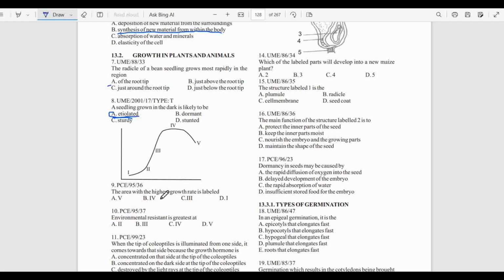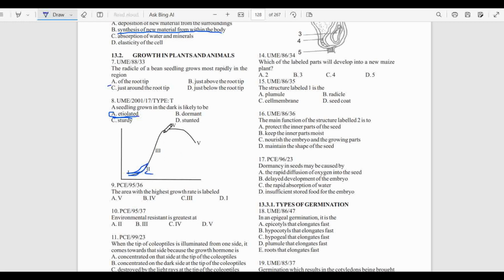This is a growth curve, right? The area with the highest growth rate is labeled at what point? If you consider this diagram carefully, this is the starting point of growth, and this entire part, 1 to 2, gives us what we call the lag phase.